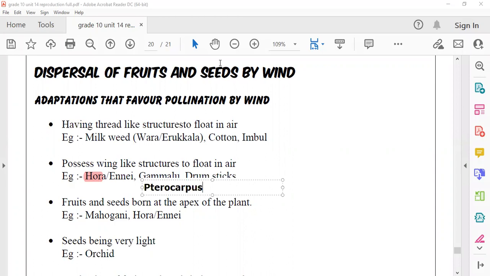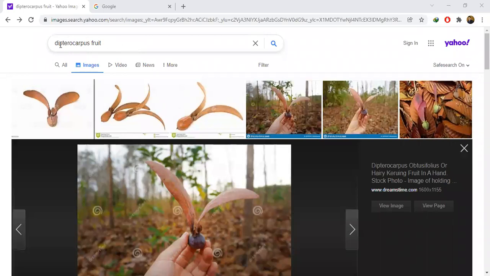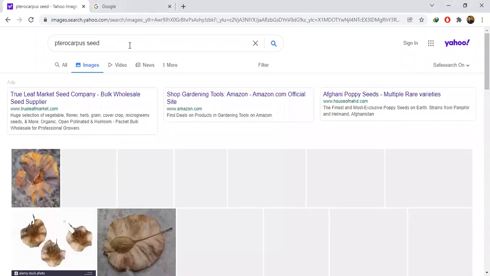So here we are looking for, now, removing this di, ptero. Okay, pterocarpus. Now we are not looking for fruit, we are looking for seed, pterocarpus seed.